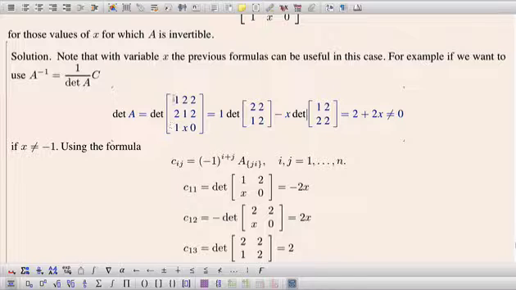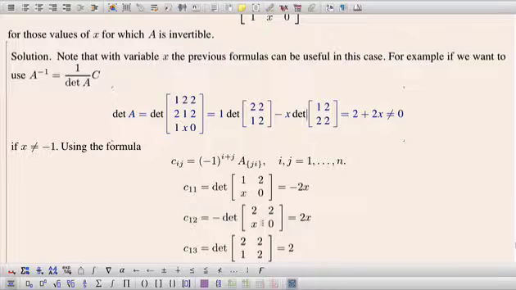So C11 is plus 1, and then 1 times x times 0, which is minus 2x. For C12, we have 1 plus 2, an odd power, which gives us a negative sign.